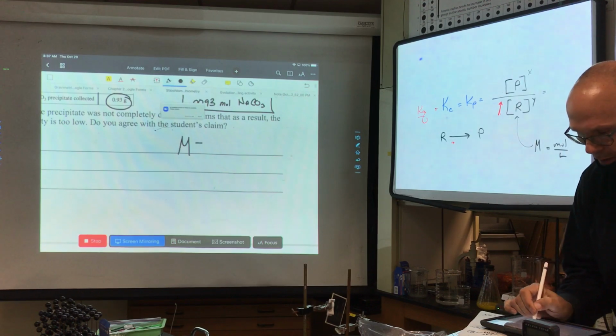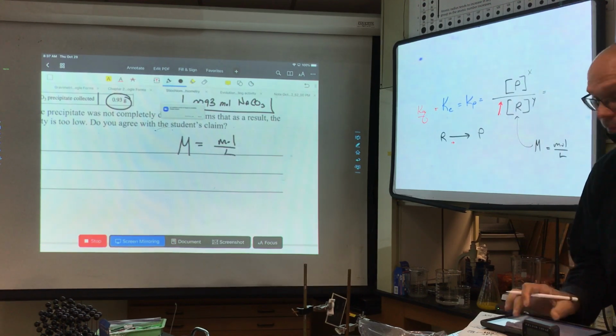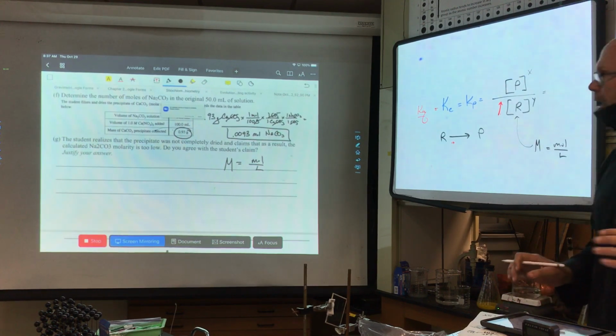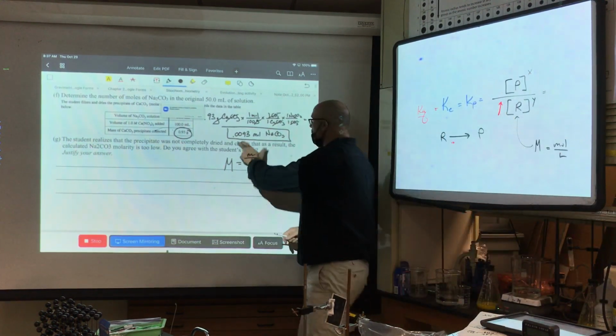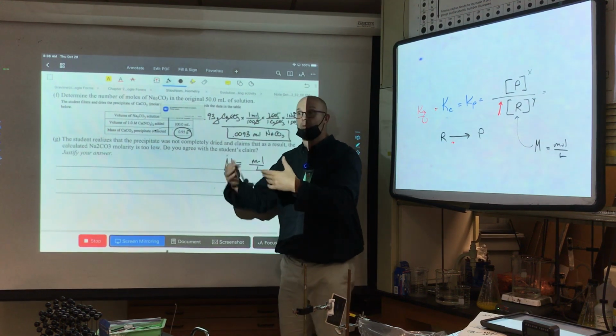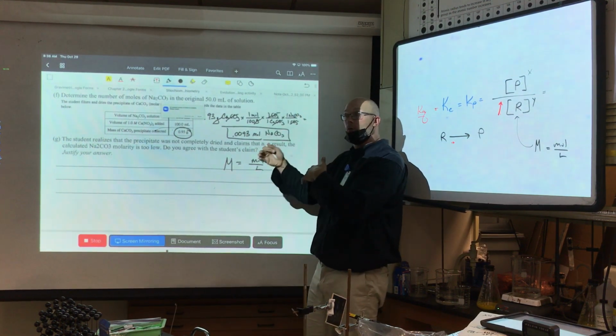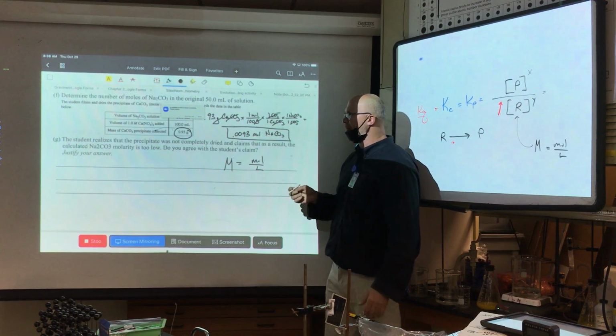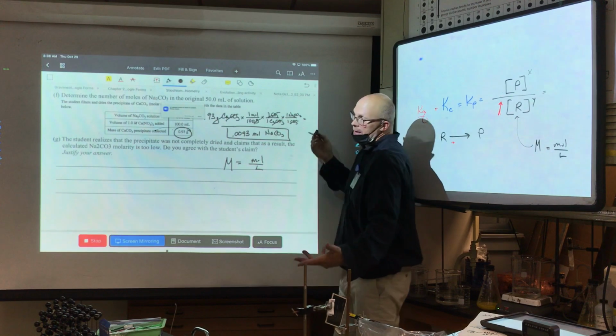Molarity is moles over liter. So, if you're trying to calculate molarity, you would take the moles of your sodium carbonate and divide by the liter of solution. It was 50 milliliters, so it'd be 0.05 liters. I didn't ask you to do that, but certainly I would.